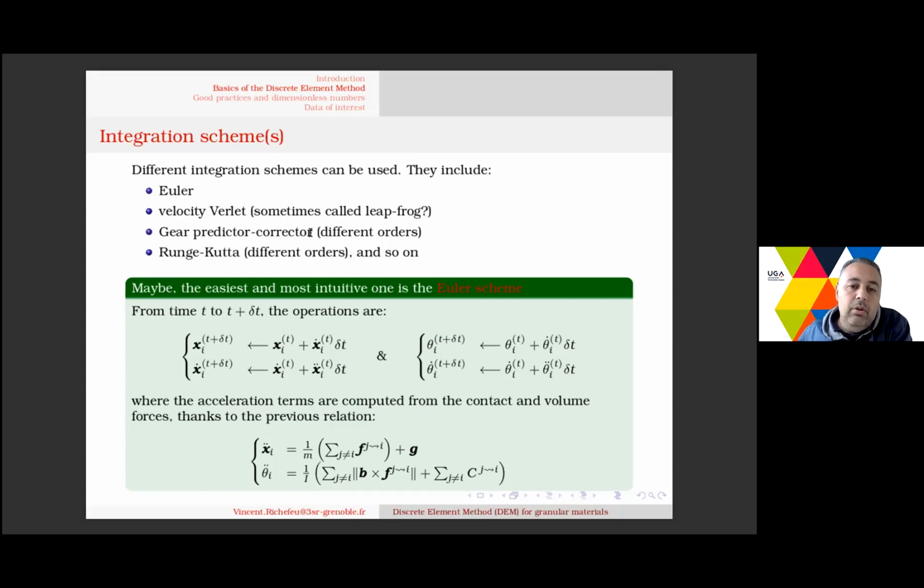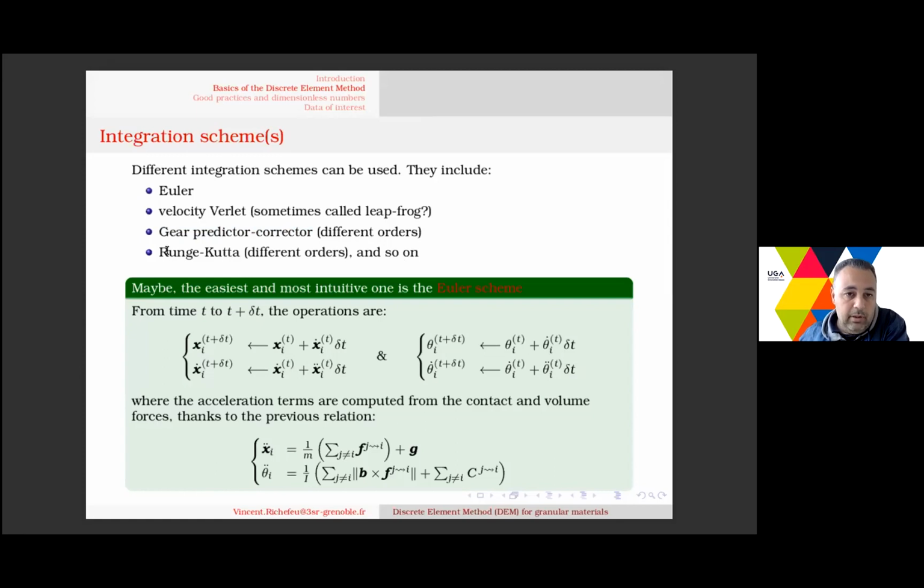The Gear predictor-corrector uses higher orders: instead of stopping at the acceleration, they consider more derivatives. But this kind of integrator uses what I call magic numbers to integrate, and I don't think they are very accurate actually. I've made tests recently; they are not accurate.